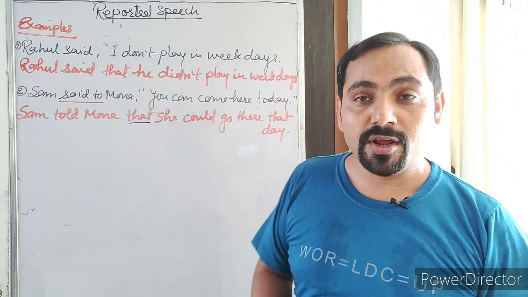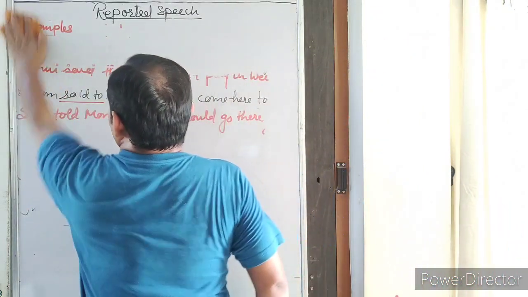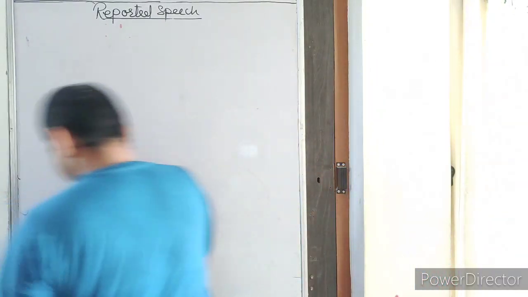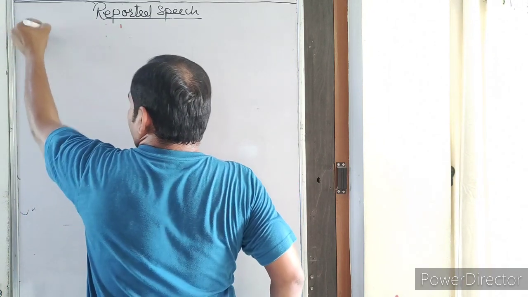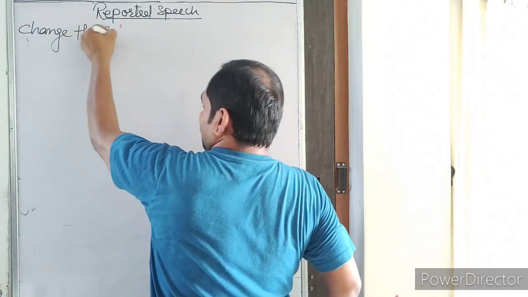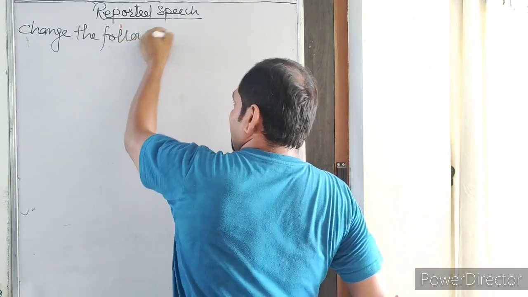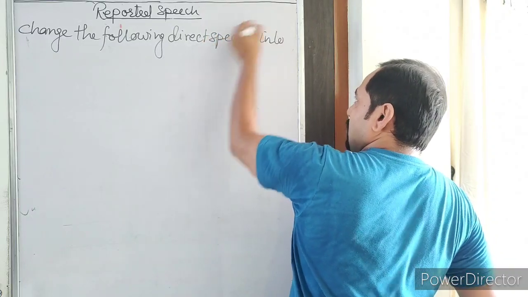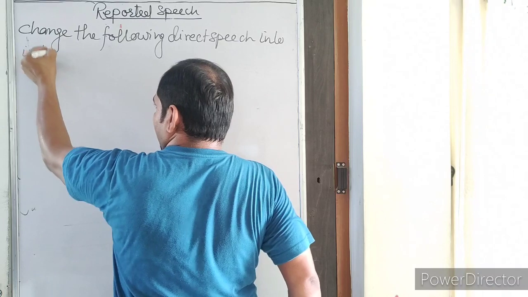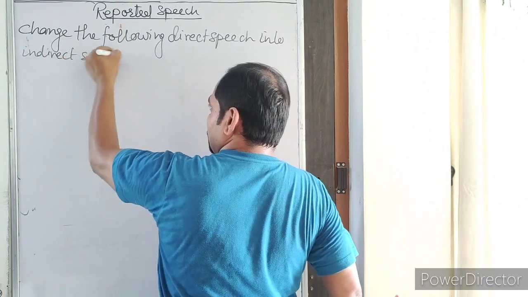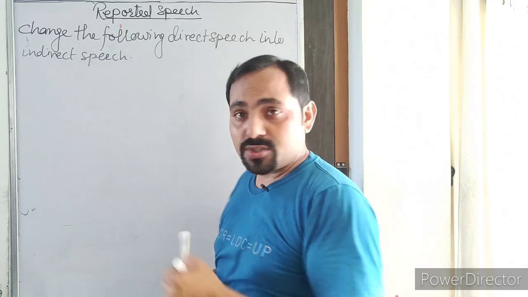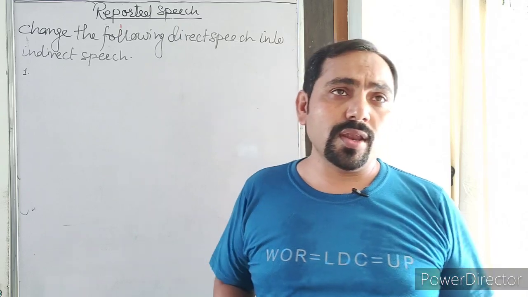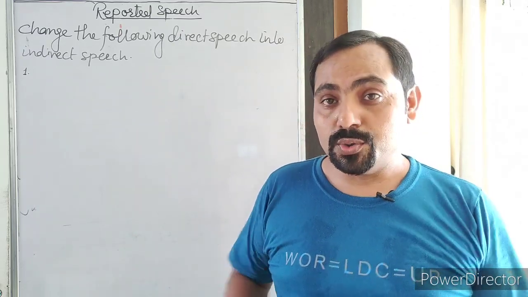So I'll give you some questions to solve. Change the following direct speech into indirect speech. First one, I'm going to give you some examples where you will be using all the rules.